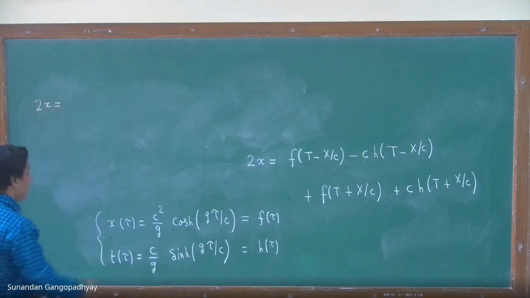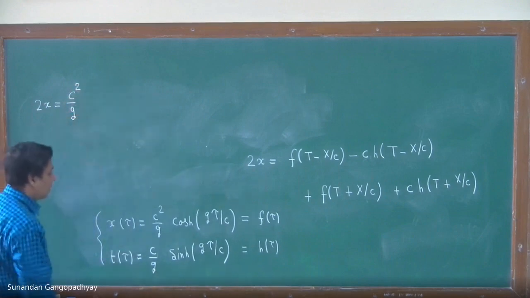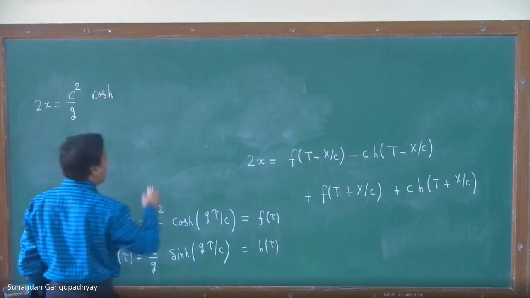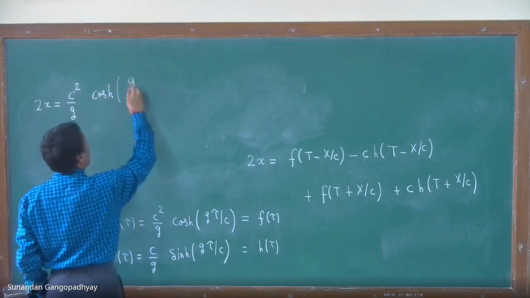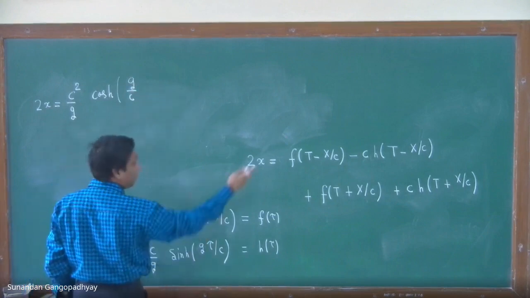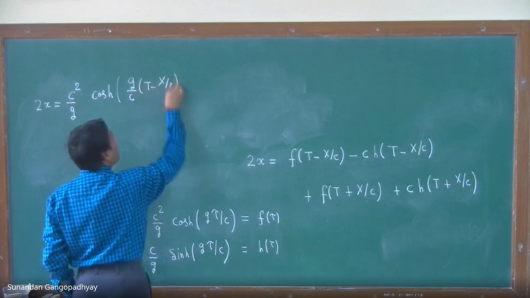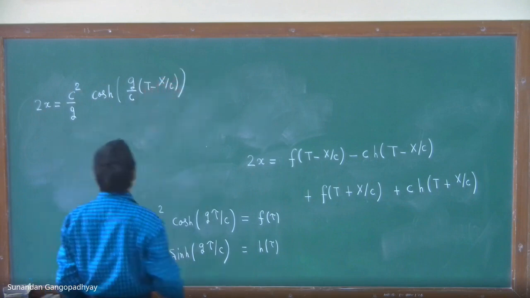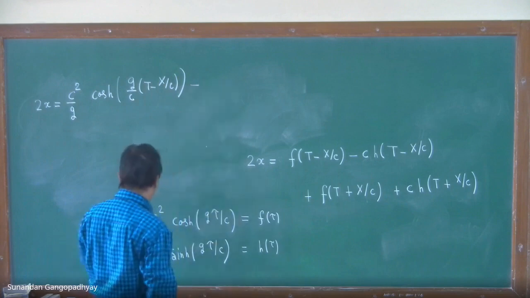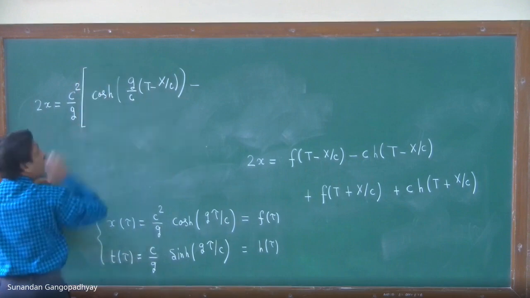f of t minus x by c will be c squared by g cosh of g by c tau. So in place of tau, you have to put t minus x by c, minus, then once again c. So c squared by g will become common.